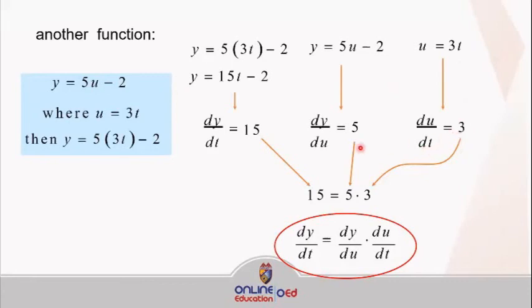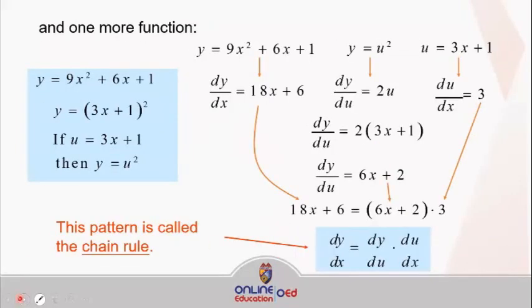And then checking, we have the dy over dt as 15, and imo-multiply natin si dy over du kay du over dt, which is 5 times 3. So equal lang siya. Therefore, we have again yung mismong formula natin, which is dy over dt is equal to dy over du times the du over dt.